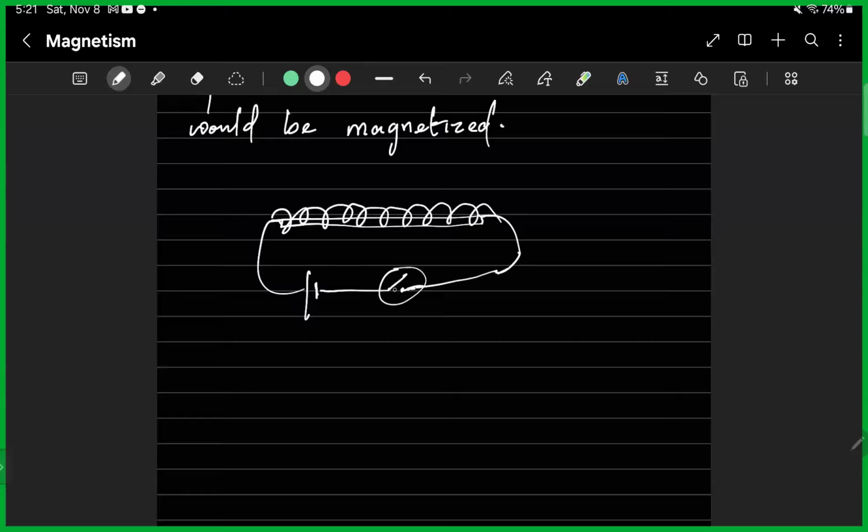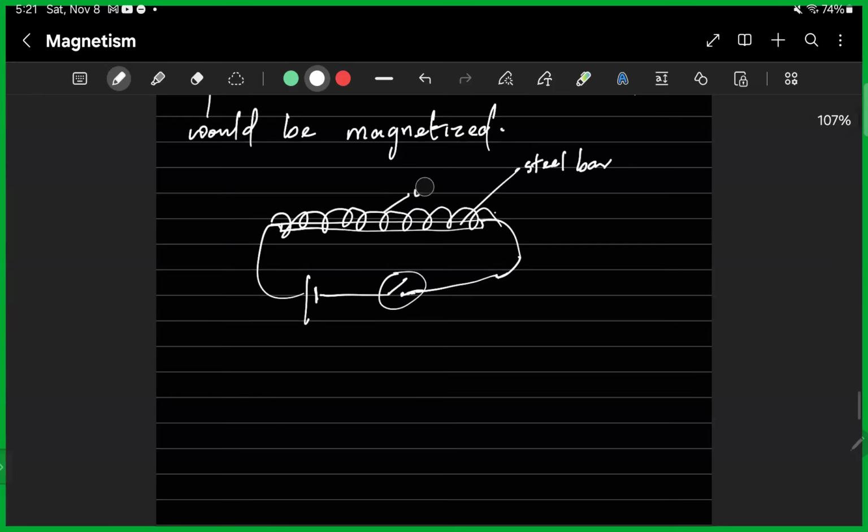After some time, this steel bar, inside this coil, which is not just a normal coil but a solenoid, gets magnetized.